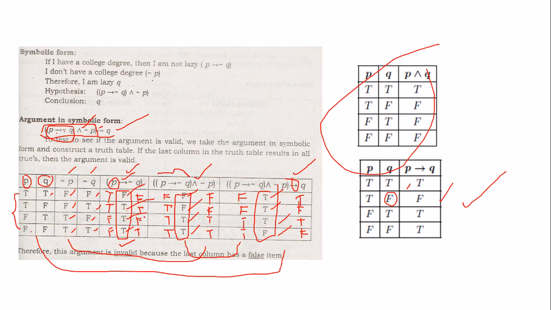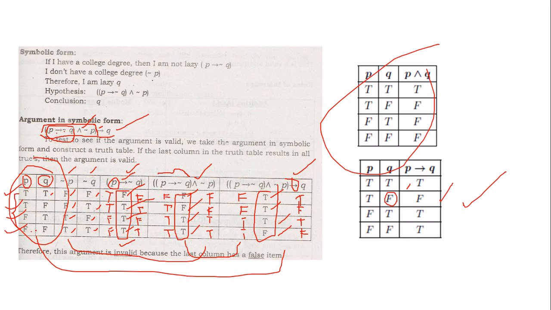Take note that these are the possible combinations of all your truth values. In order for us to tell that the argument is true, we need to show that this is a tautology, meaning all true. Whatever the case, we have 4 cases, and all should be true.